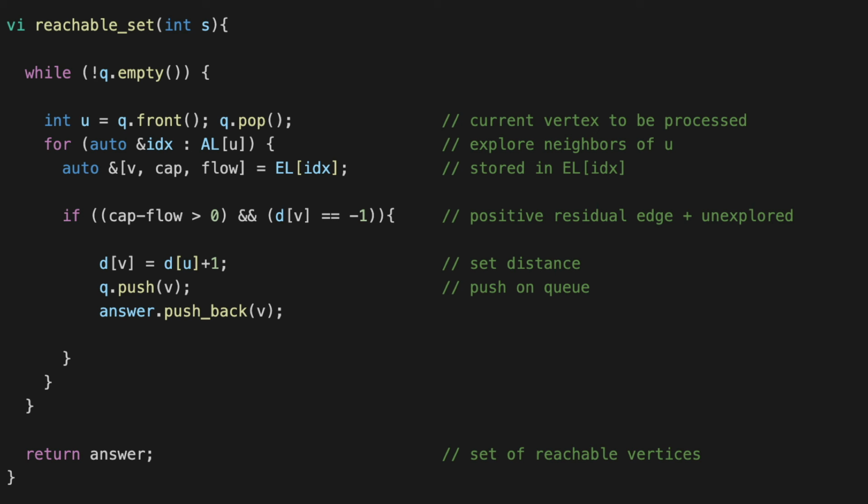By the way, if you're just following along on the video and writing your code as we discuss, then notice that there are parts of this function that are missing. So in particular, all of the initialization is missing, and you will need to declare the variables. Make sure that the queue has the vertex S to begin with and that the distance vector has been initialized appropriately and that the distance of the source vertex is set to 0.